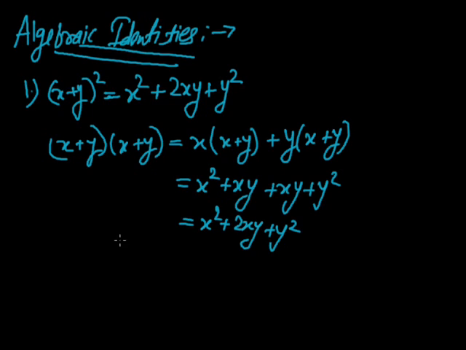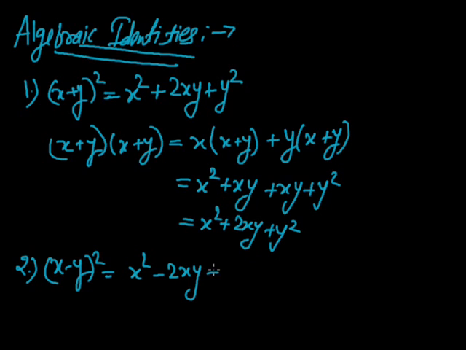Now the second identity is (x minus y) whole square is equal to x square minus 2xy plus y square. Similarly, as we have seen the proof of the first, we can see the proof of the second.